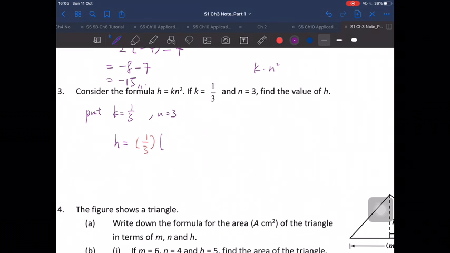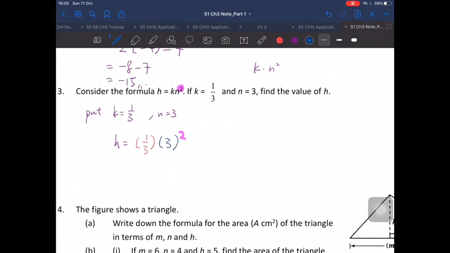Now n is 3, so maybe I write 3 in brackets. Remember that there will be a square, so you have to write the square here. So n squared is 3 squared. Remember that you have to bracket the 3 and then square.